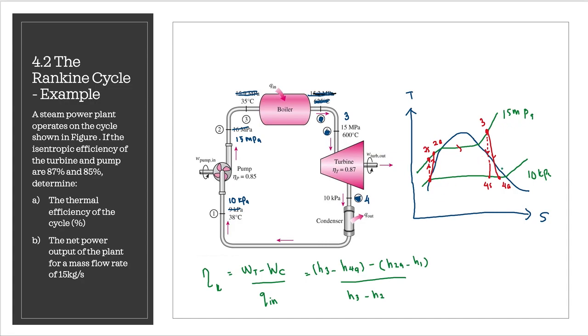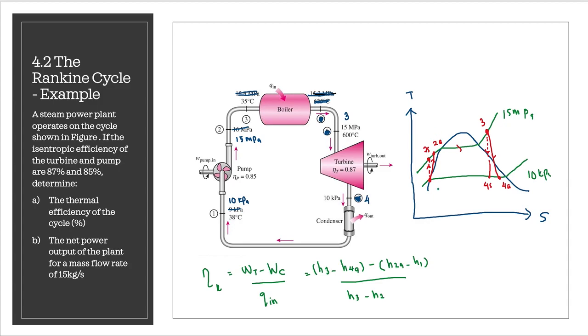So we have two lines here. This first line represents 10 kilopascal between condenser and compressor, and second line is 15 megapascal, which represents the pressure at the boiler and the turbine.